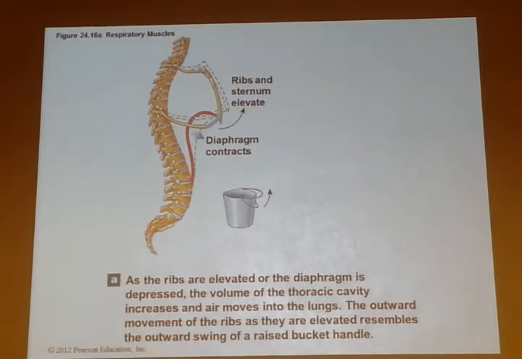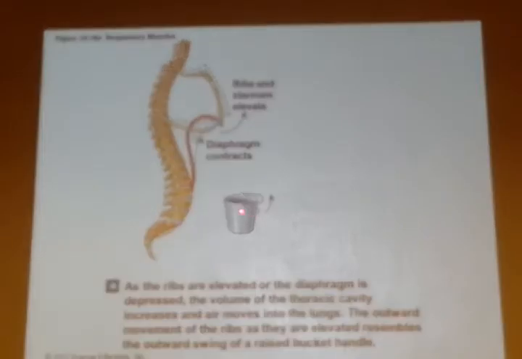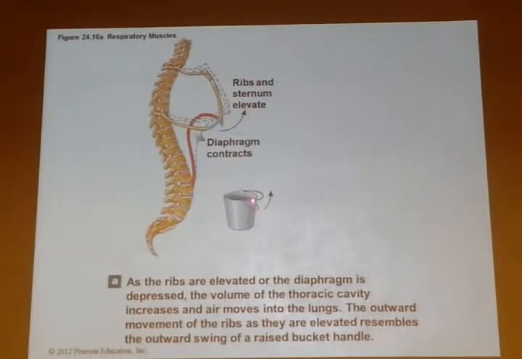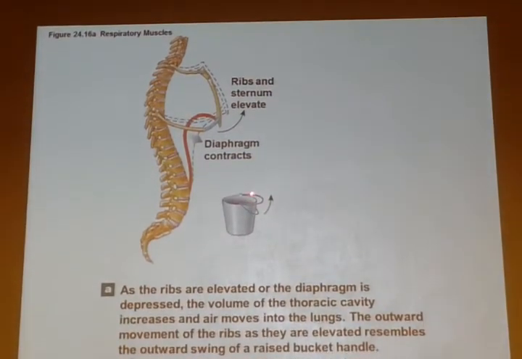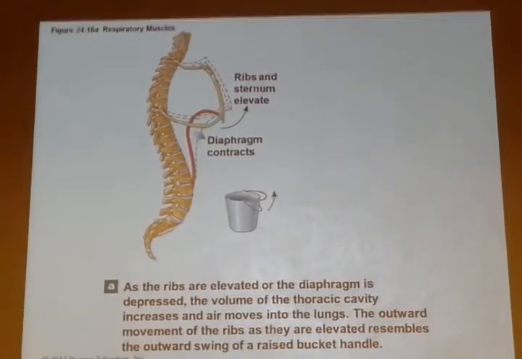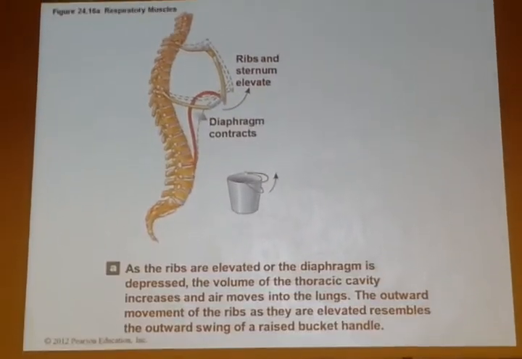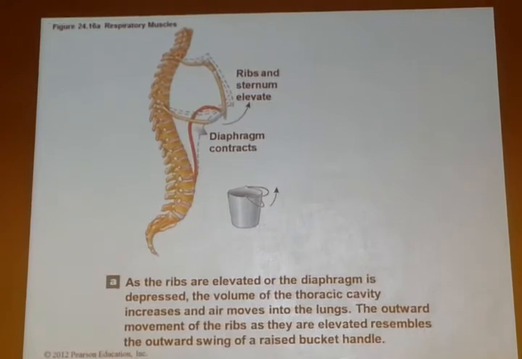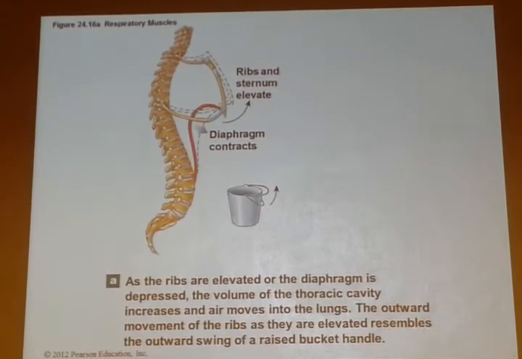They equate that movement to raising a bucket handle, so that you get an increase in volume in that space that once was lying down against the outside of the bucket, and now you're increasing the volume by that additional space. I don't particularly care for that analogy, but it kind of gives you the idea that things are expanding and lifting out to the front.